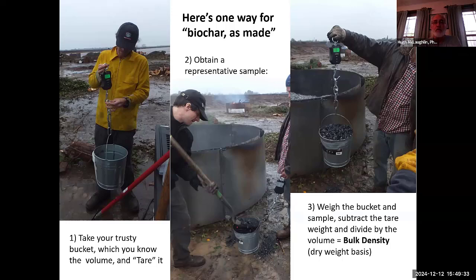Then you obtain some kind of representative sample. That can be more of a challenge depending on the application. And you weigh it. So because there was no water added to this material, they would call this the bulk density, the weight per unit volume of whatever the bucket volume is, of the as-made biochar.